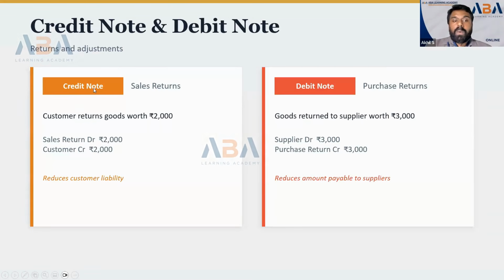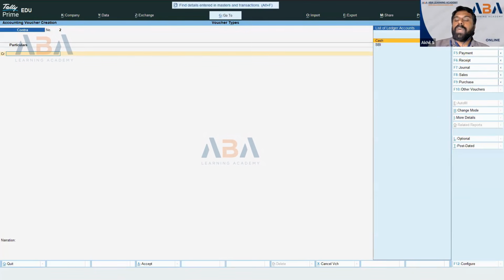Let me show how to select the credit note in Tally. So let me open Tally. When you check on the right side, where can we find the credit note and debit note? It is not seen here. Here we only have contra, payment, receipt, journal, sale, purchase.